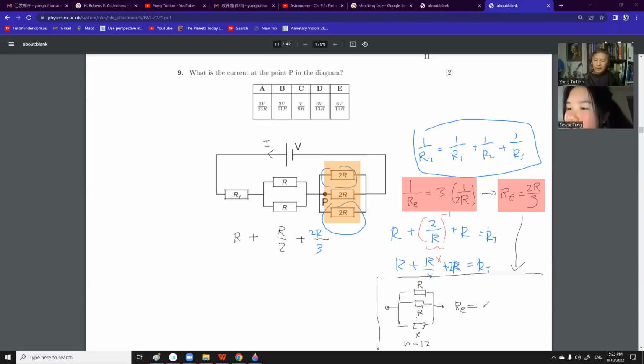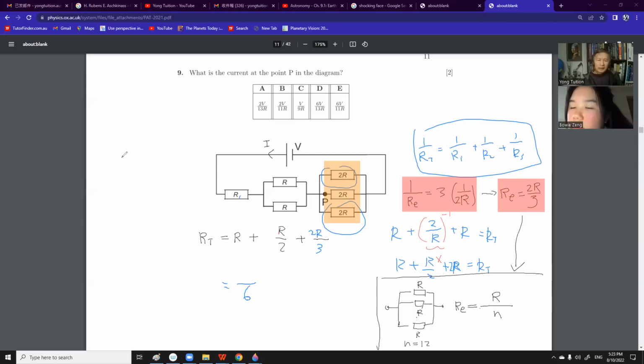How can we generate the formula? Equals R over N. Yes, that's right. So that's called generalization. Of course, if they are different, you wouldn't use that. So this is the effective total resistance of this circuit.